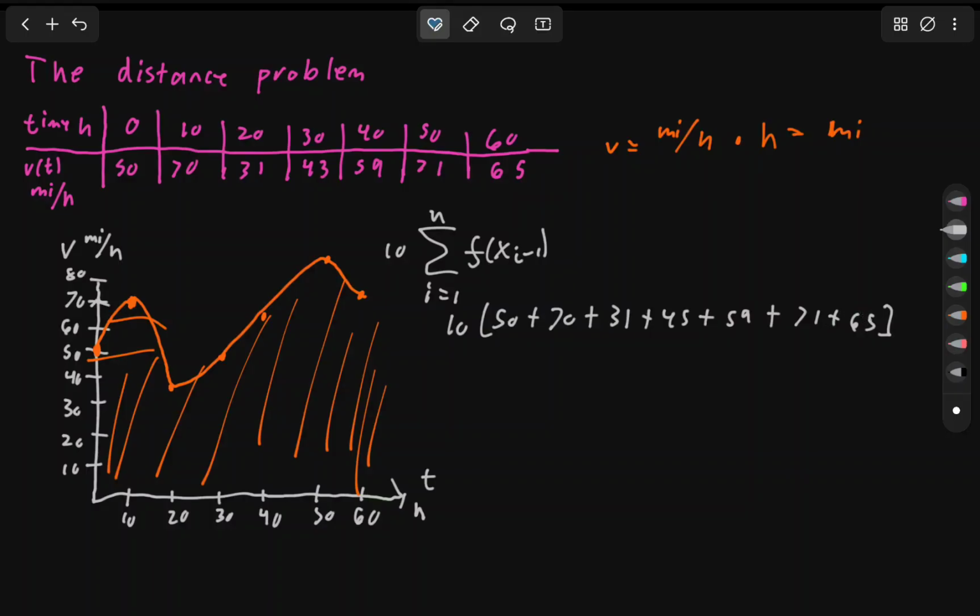Plus 65, 391, I believe, times 10. And then multiplying that total by 10, we get a grand total estimate of 3,000.